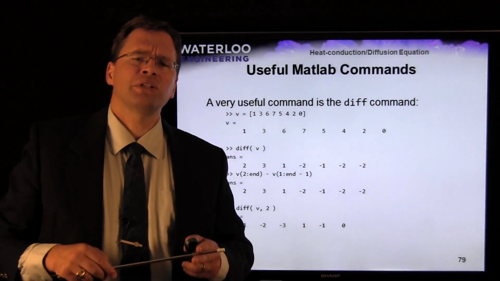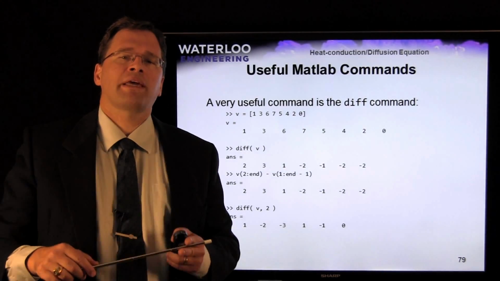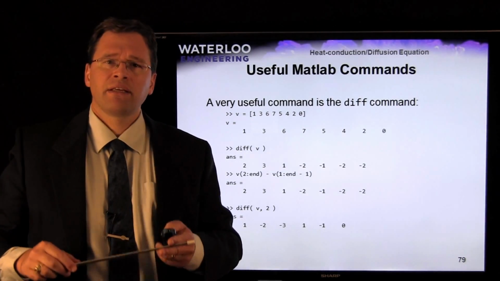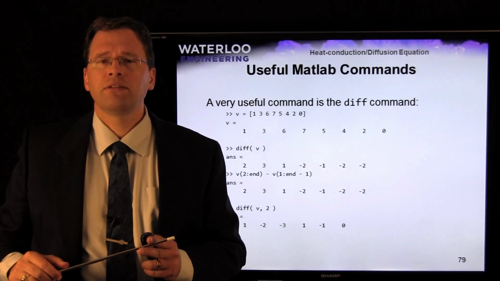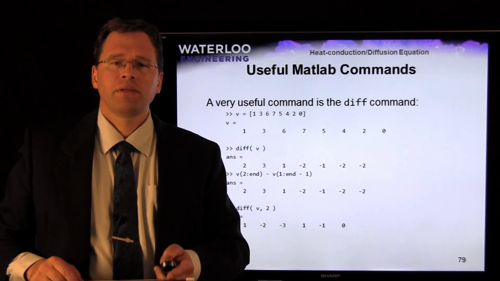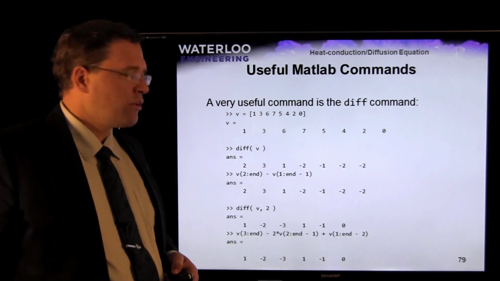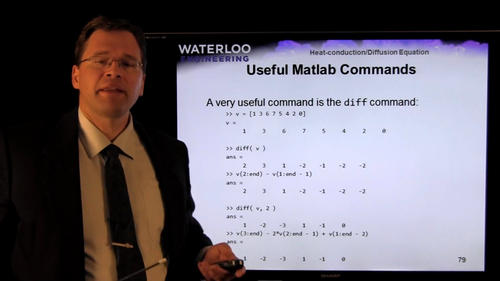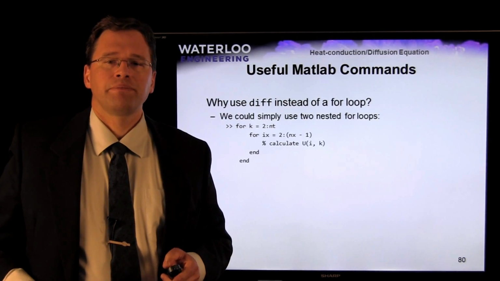That's the formula that you're using over and over again. You're just multiplying it by some coefficient kappa delta t over h squared. And again, you can calculate this the long way, but diff makes it a lot easier.